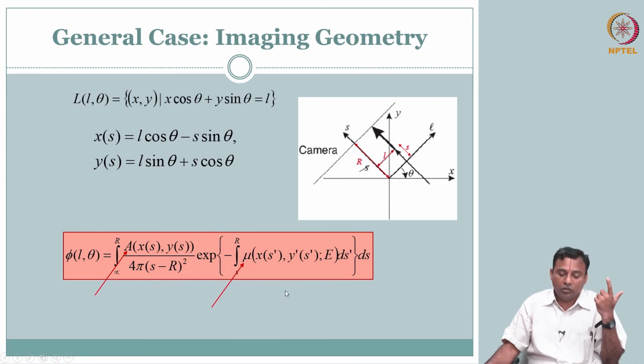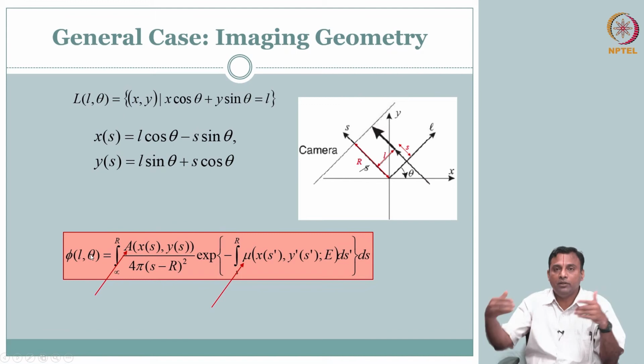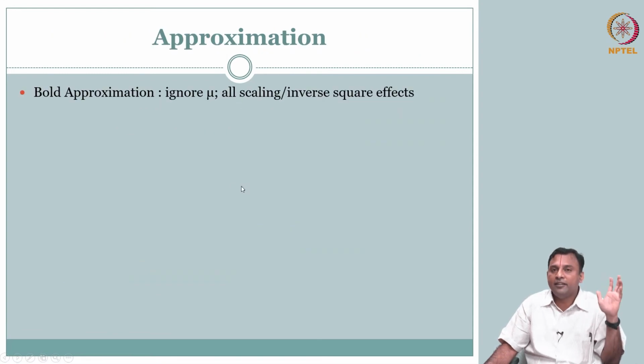Of course, if there is any other way that we can get our mu, then I have my mu and therefore the only unknown is going to be this. So, I can collect this from different L comma theta and do our regular CT.